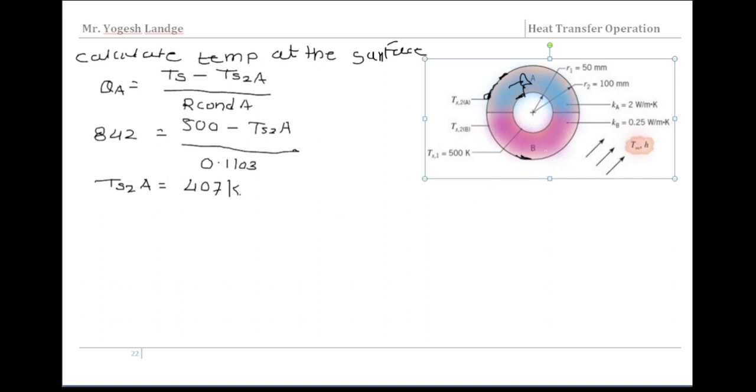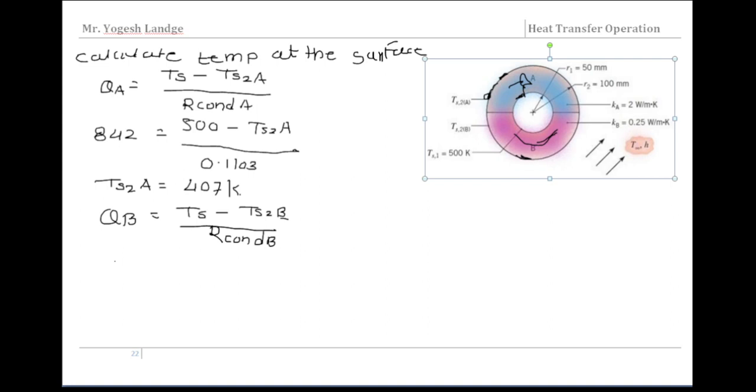Similarly we can do the second part for B. Again we can write a formula: the heat transfer rate for B is equal to the steam temperature minus the surface temperature of material B, upon R conduction B, because we consider B here.